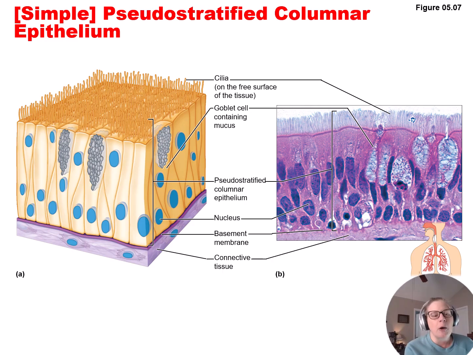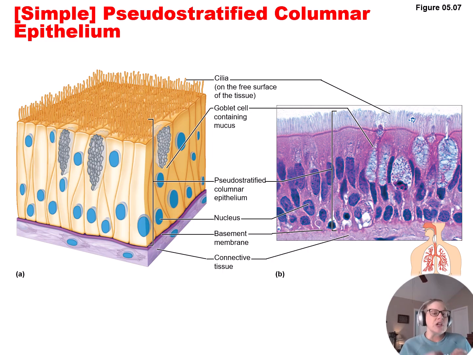If we were to move from one cell to the next, going from left to right, here's a cell, and then we move over, and here's our second cell, and then here's our third cell, and then here's our fourth cell. So it's really only one cell at a time in that layer. It's just that the cells have very irregular heights and widths. And so when they get packed together, it gives that appearance of being stratified when it's really not.